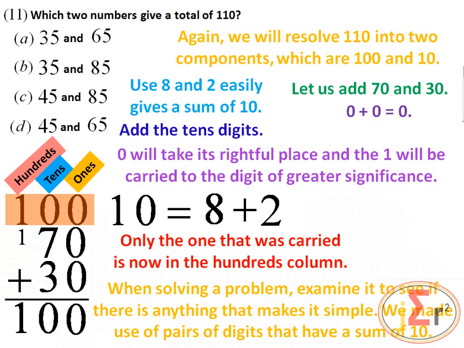When solving a problem, examine it to see if there is anything that makes it simple. We make use of pairs of digits that have a sum of 10, right? So if we can see quite easily something that makes the problem simple, then we may use it. And in this particular case, we saw that the digits will have a sum of 10, and that makes it simple for us.